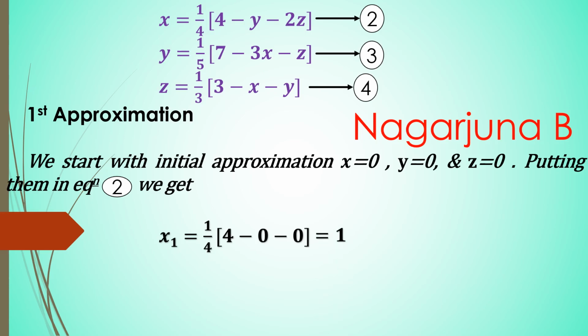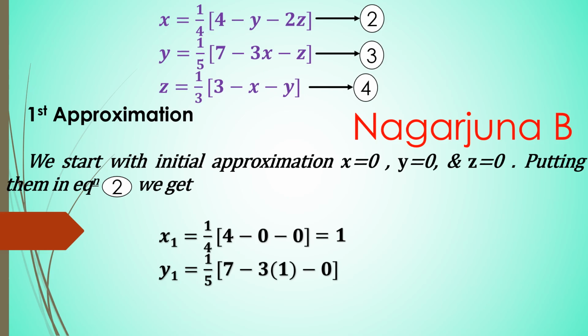Then next, we need to calculate the value of y. It is the first approximation of y, which we call y1, and we get it by considering equation 3 and substituting the value of x as 1, which we have got just now, and z as 0 on the right hand side of equation 3. So we can write y1 is equal to 1 divided by 5 into (7 minus 3 into 1 minus 0), because the x value is 1 and the z value is 0.